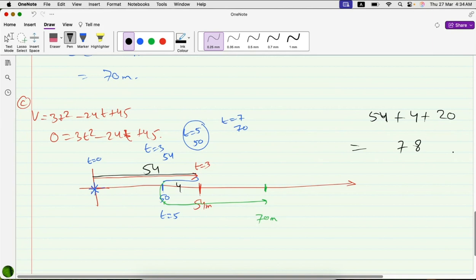Because we first did the 54, and then the 4, because it was 54 minus 50, going back. And then going forward again, from 50 to 70, another 20.